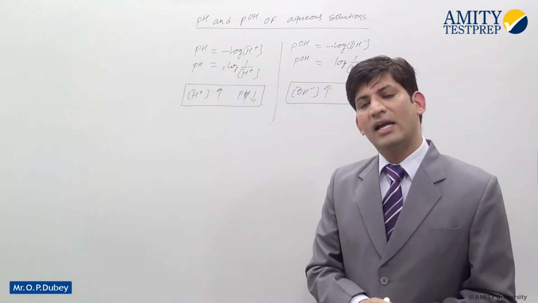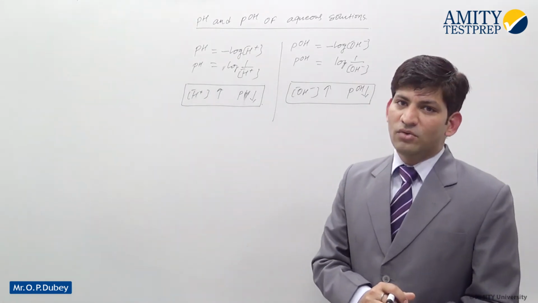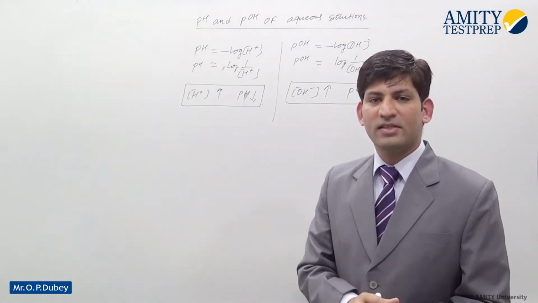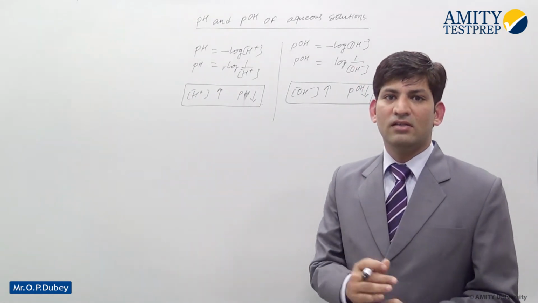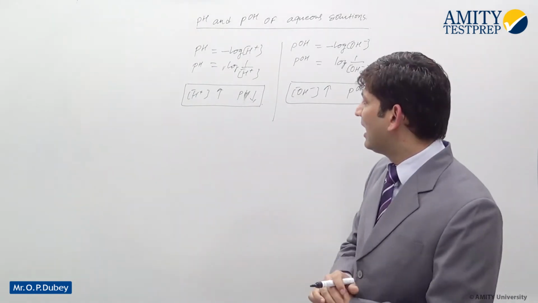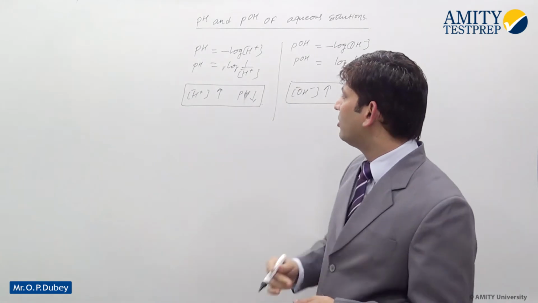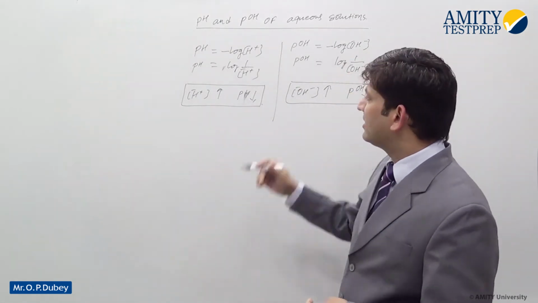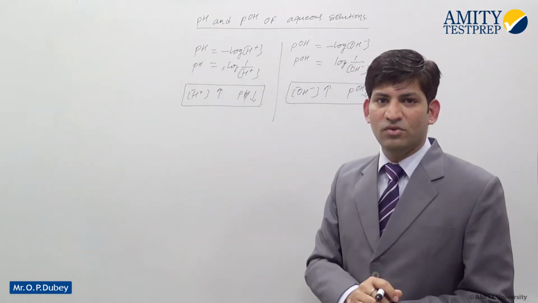In a dilute solution, the effective H+ ion concentration is equal to the exact H+ ion concentration. So by knowing the H+ or OH- ion concentration, we can calculate the pH and pOH of the dilute solution.